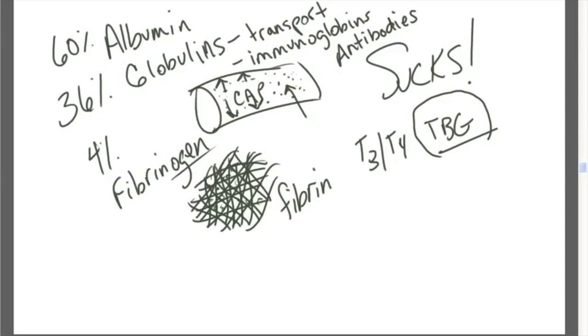Remember how I said these were solutes? Albumin solutes, globulins are solutes, they're dissolved particles. Fibrinogen is a dissolved particle, but then when it becomes fibrin, it actually takes form and becomes a very solid rope-like structure. And we will actually see pictures of it a little bit later in the chapter. It's really cool looking. All right.